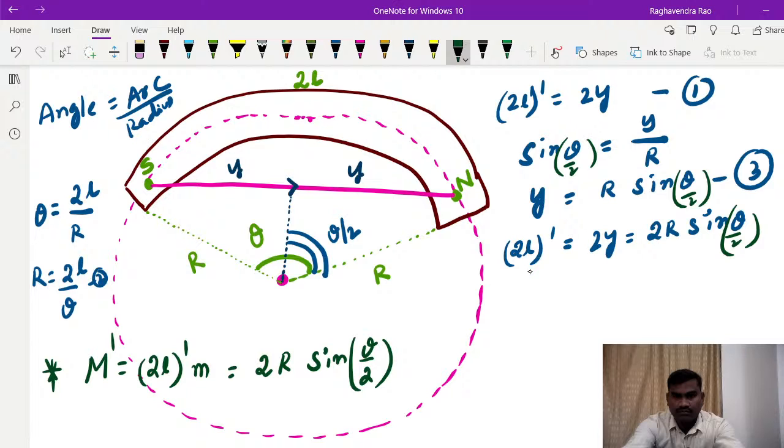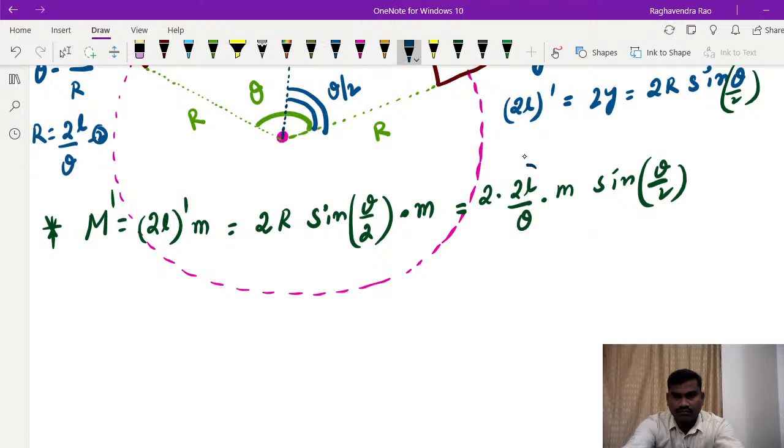m dash is equal to 2r sin theta by 2 into m, as usual. What is the value of r? From equation number 2 we can write r is equal to 2l by theta. So this is 2 into 2l by theta into m into sin theta by 2.